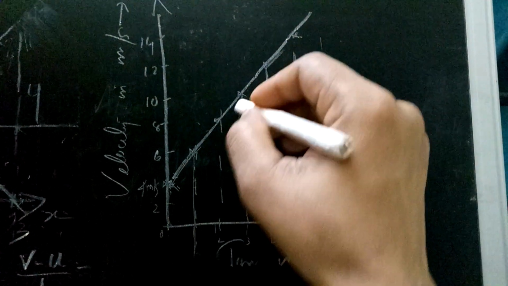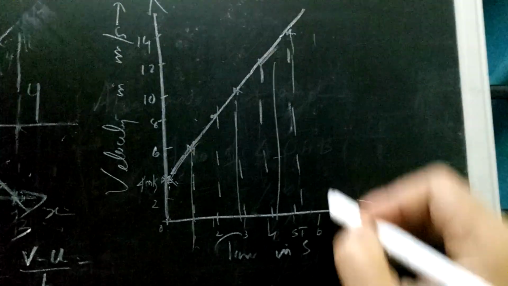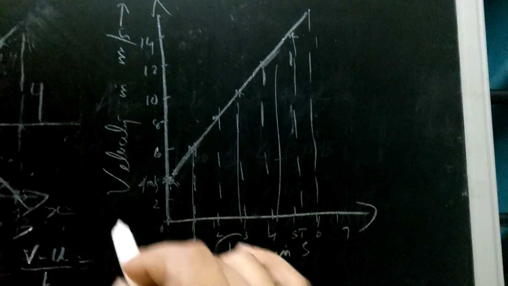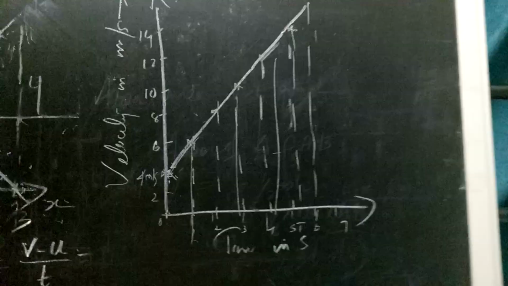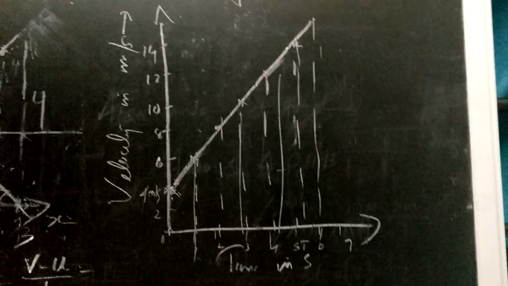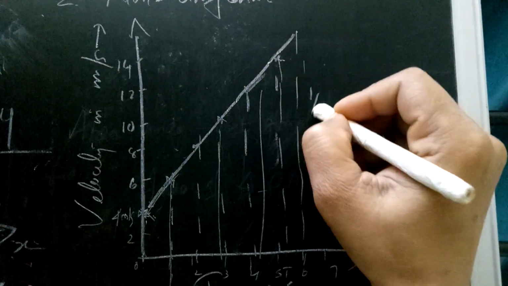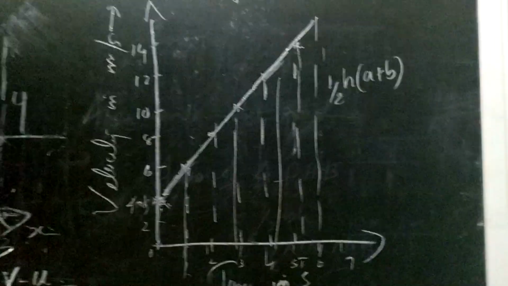Look at the shape here: this is a trapezium. So you should use the formula for a trapezium, that is, area of trapezium is equal to half h into a plus b. This formula you have to use here.